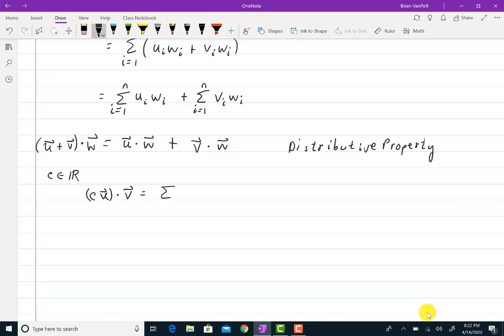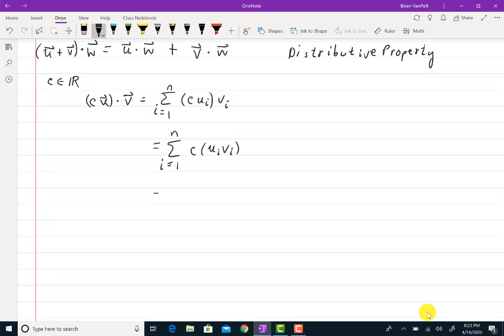So this equals c Ui, those are the components in each of the U coordinates, times Vi, i equals 1 to n. And the real numbers have associativity, so I can move the c like so.